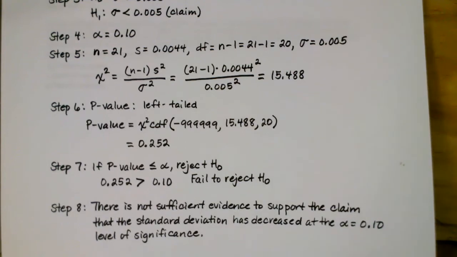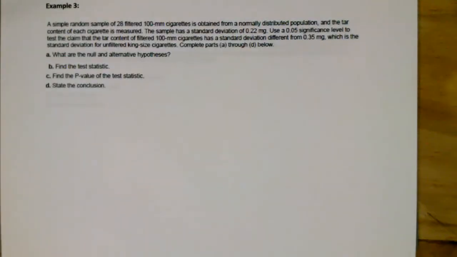All right, now let's look at example 3. Says here a simple random sample of 28 filtered 100mm cigarettes is obtained from a normally distributed population, and the tar content of each cigarette is measured. The sample has a standard deviation of 0.22 milligrams.